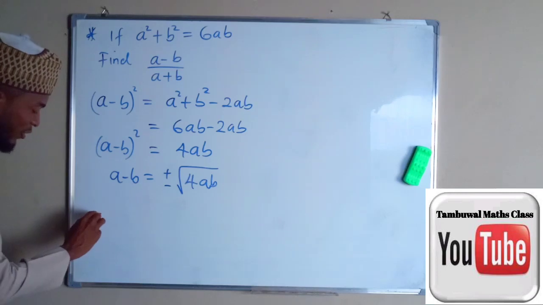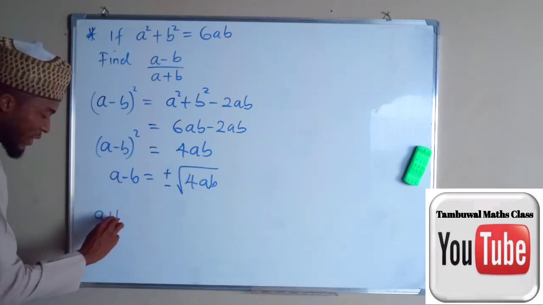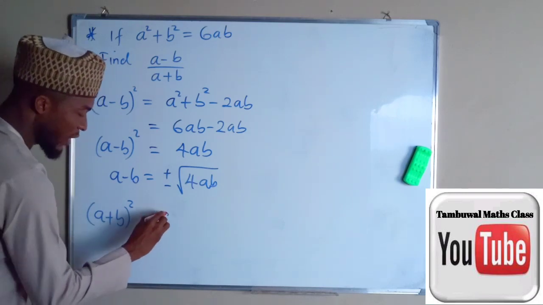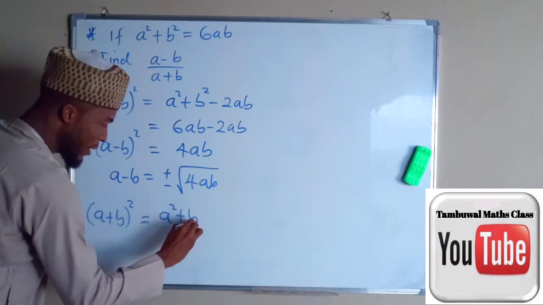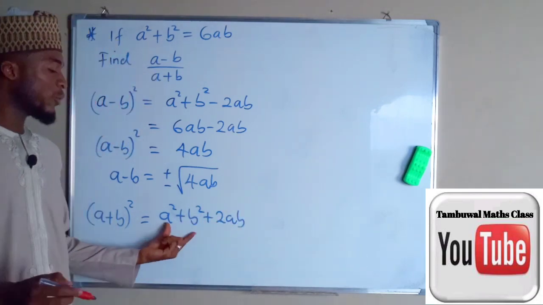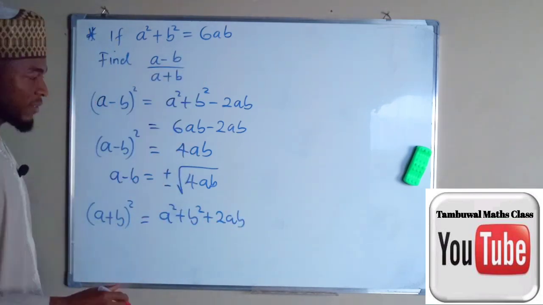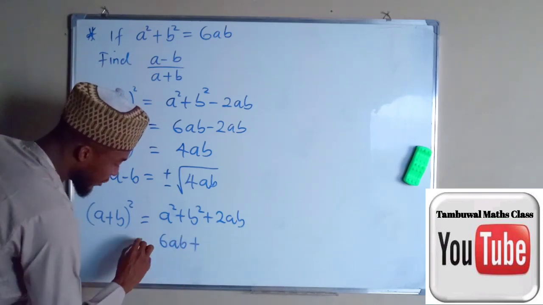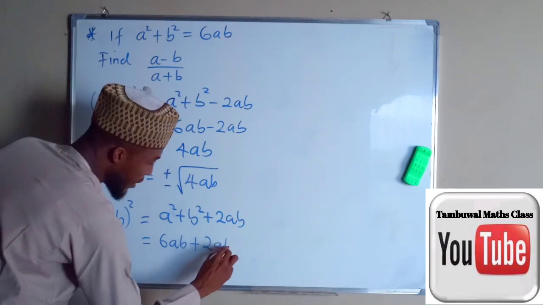Now, for a plus b, we are going to do the same thing. a plus b to the power of 2, which will result to a squared plus b squared plus 2ab. But a squared plus b squared is given from the question as 6ab. This is the same thing as 6ab plus 2ab.